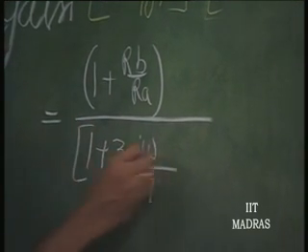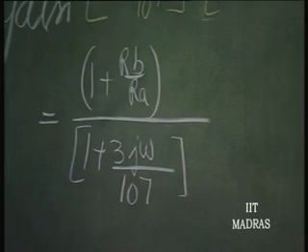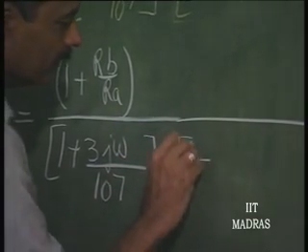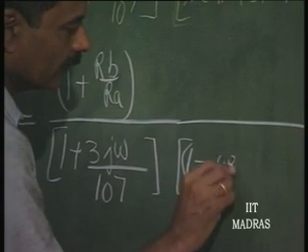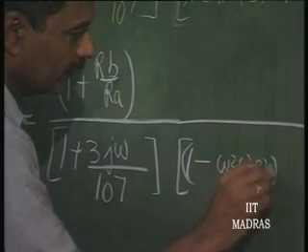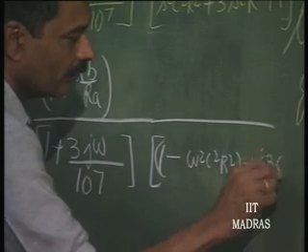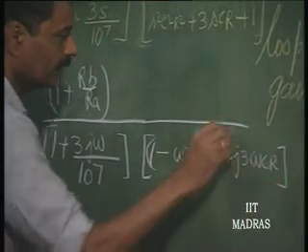Put s equal to j omega, and this is 1 minus omega squared C squared R squared plus 3 omega C R j.